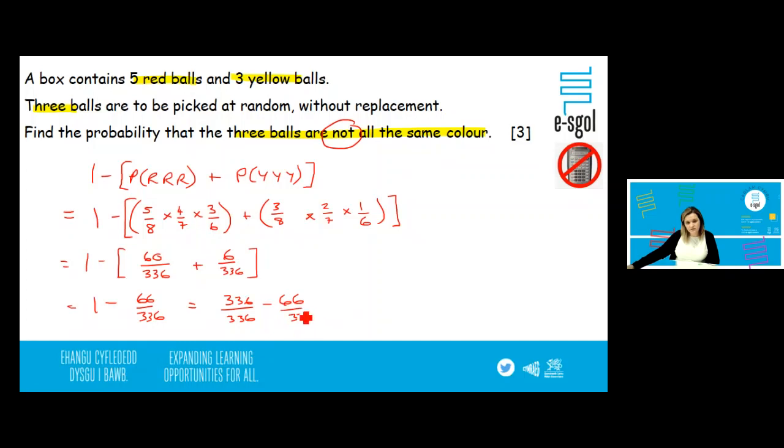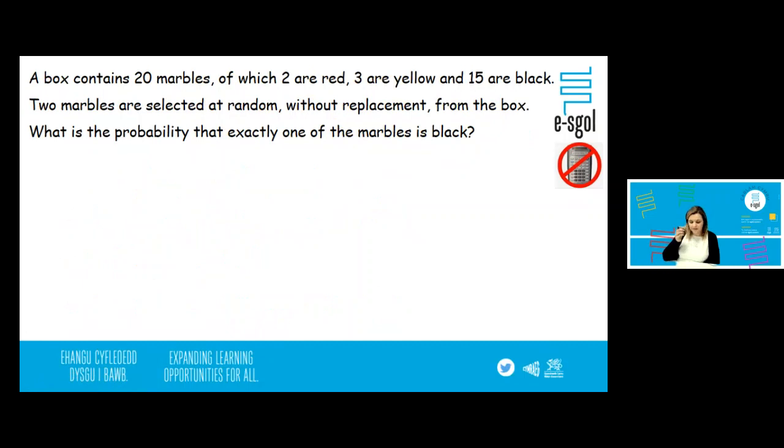So you can decide which process you would prefer to use there, but you do need to subtract them. So 336 take away 66 will leave you with 270. The denominators, just like when we're adding, do not change, still over 336. So when you're doing a not question, you are ignoring the not, doing it without, and then subtracting away from 1.